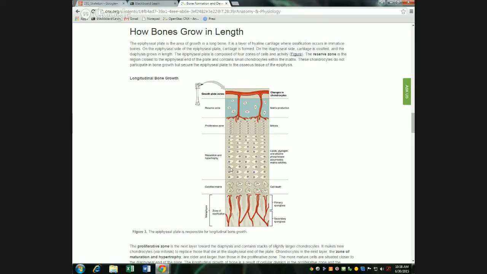And then eventually those cells, once they're full grown, are going to degenerate away as the tissue starts to calcify. And osteoblasts will grow into that area and help support that, and some of them will become osteocytes.